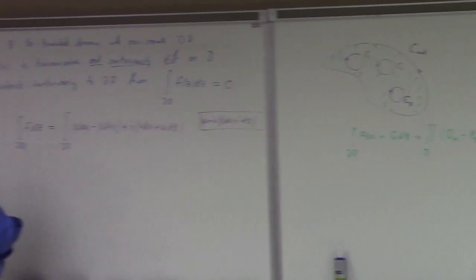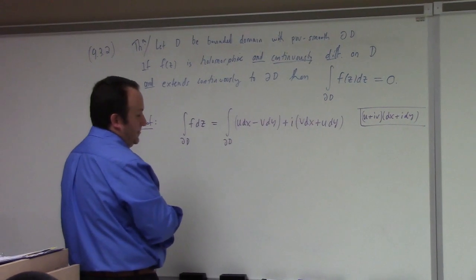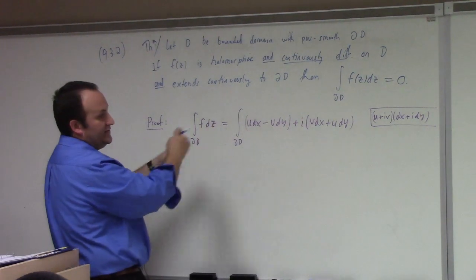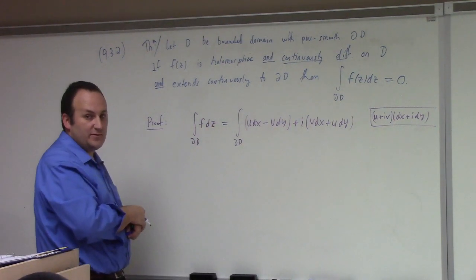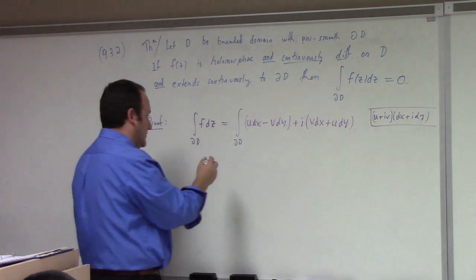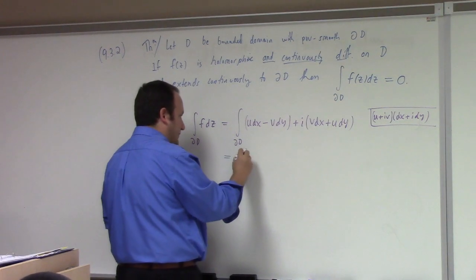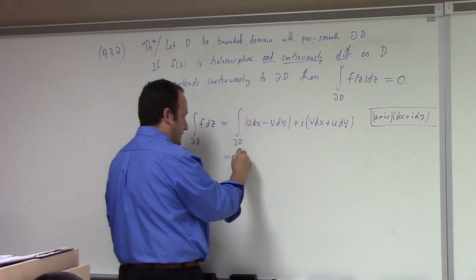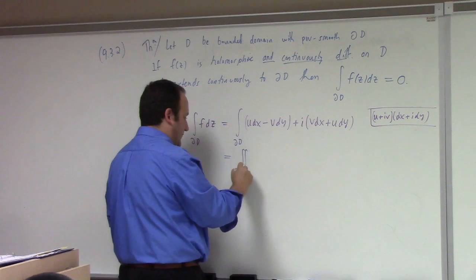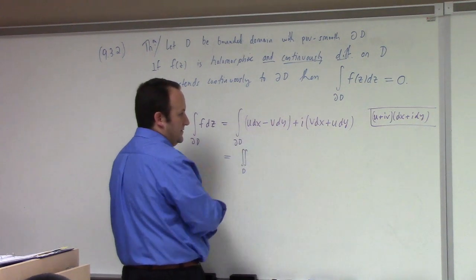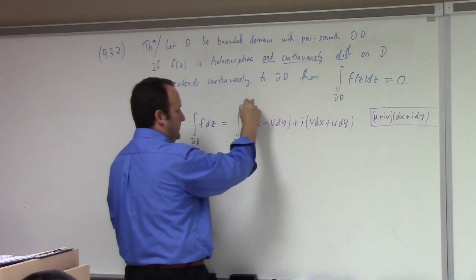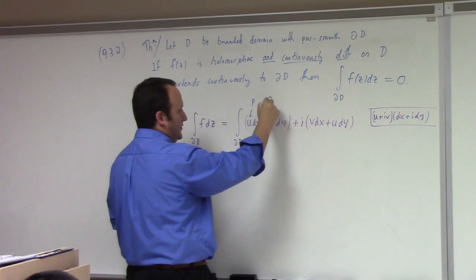So that applies to this context. If it's a bounded domain, we can apply Green's theorem with holes to that, which means that this can be written as what? Integral over D of, what is this? This is my p, this is my q, yeah?